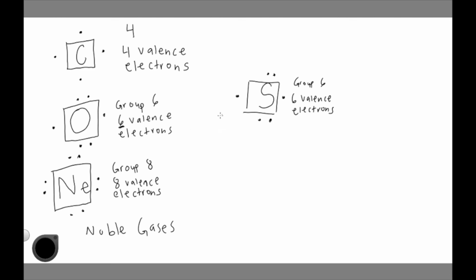In other words, 2 bonds in order to complete their octet. And therefore, we can say that sulfur and oxygen exhibit similar bonding properties, because they usually tend to form 2 bonds.